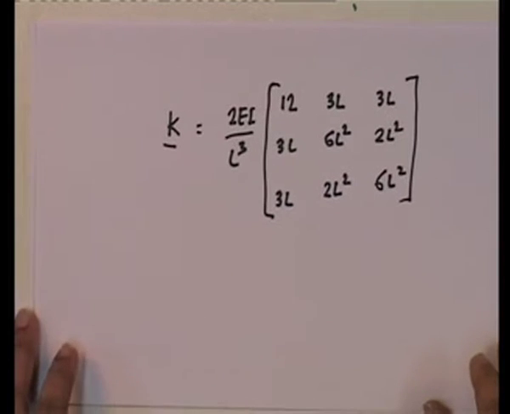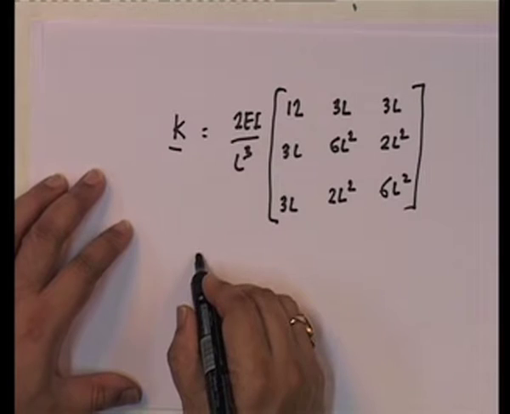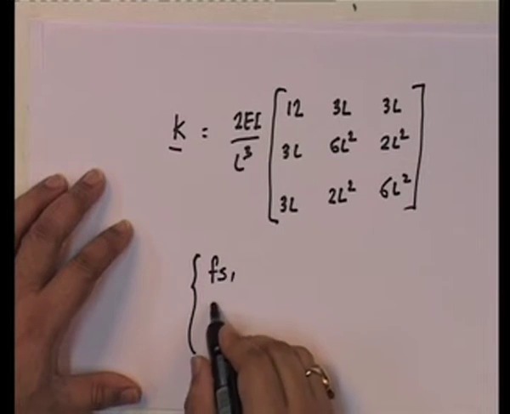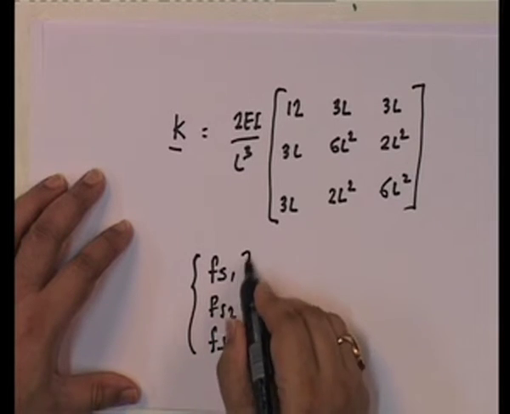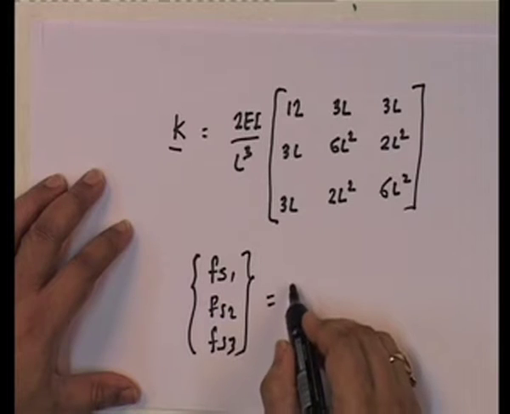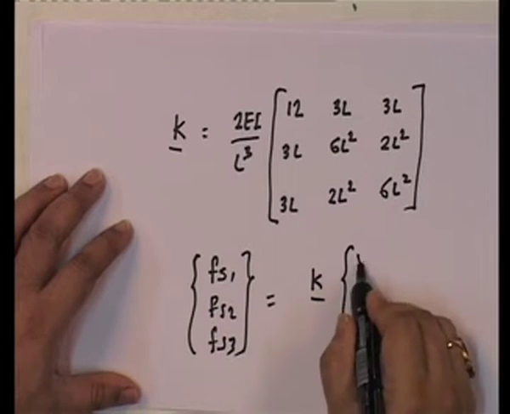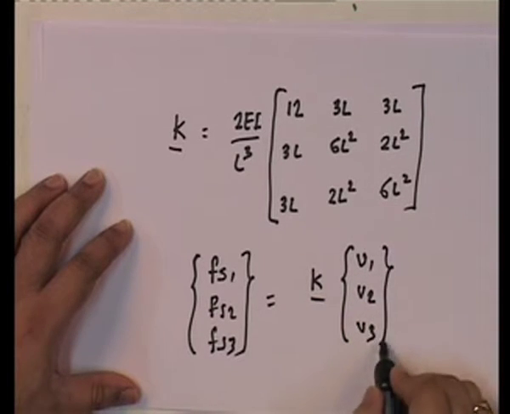So, this is my K matrix, and ultimately Fs1, Fs2, Fs3 for the structure is equal to K into V1, V2, V3 for the structure.